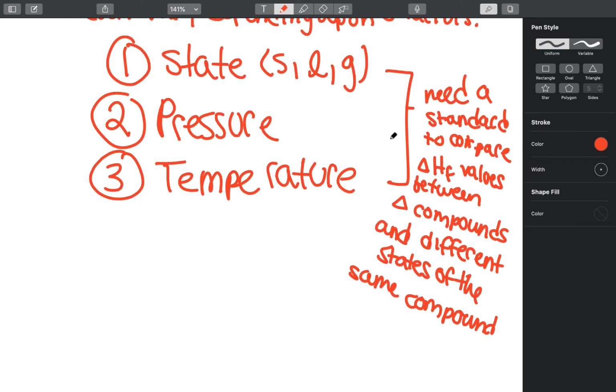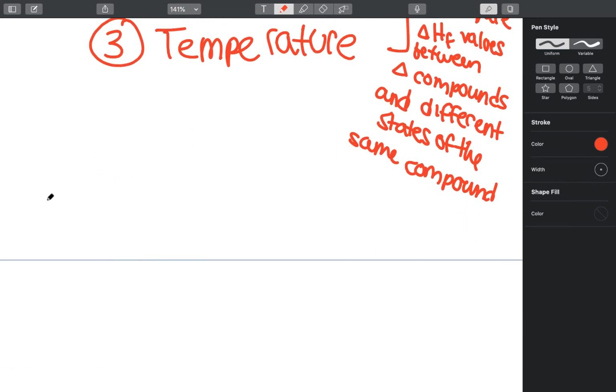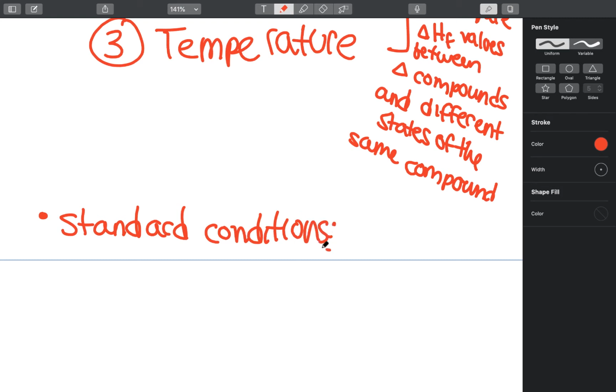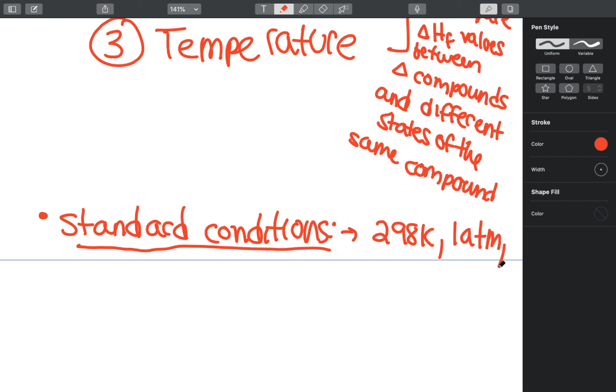Now this standard is referred to as the standard state or standard conditions. The standard conditions that we use to compare different heats of formation to each other are 298 Kelvin and 1 atmosphere of pressure, as well as 1 molar concentrations if it's an aqueous solution.